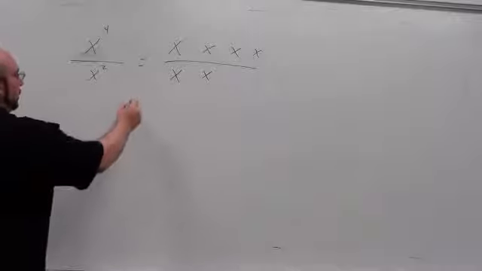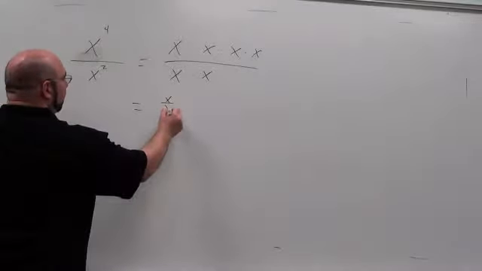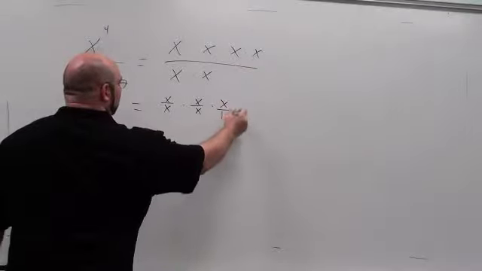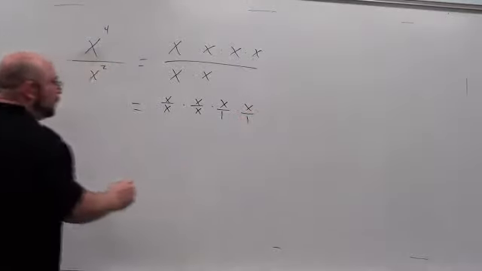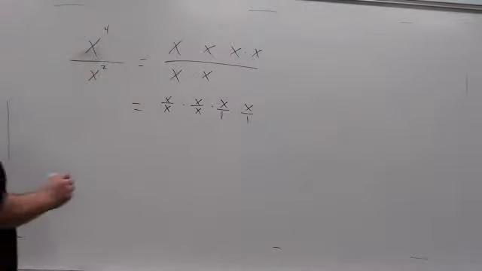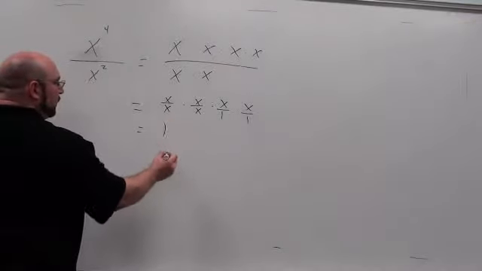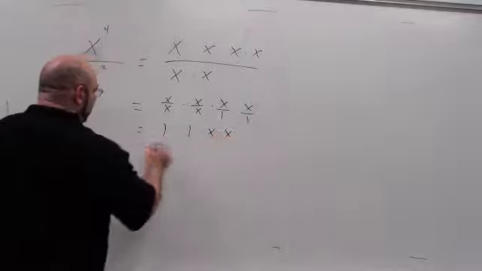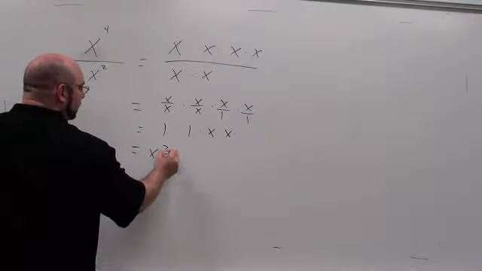So x over x times x over x times x over 1 times x over 1. All right? Now x over x is equal to 1, so we have 1 over 1 times x times x, which is our x squared.